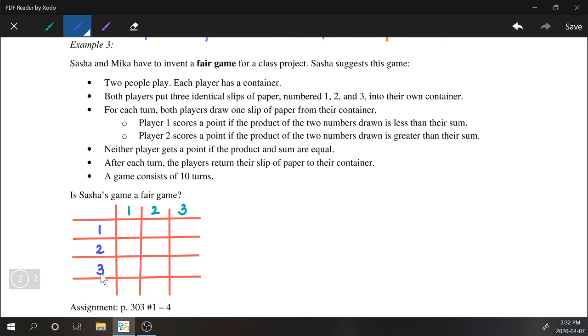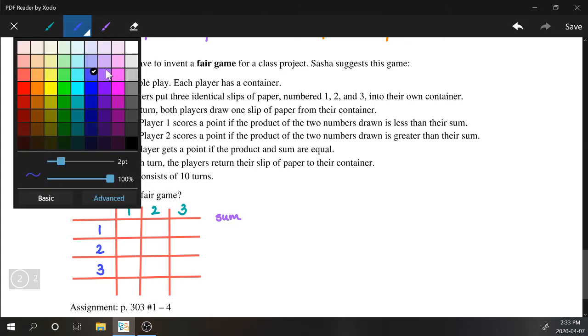and then player 2 scores a point if the product is greater than the sum. So we're just gonna write down the sums and products. We're gonna write the sums in purple, and the products, let's write them in pink.